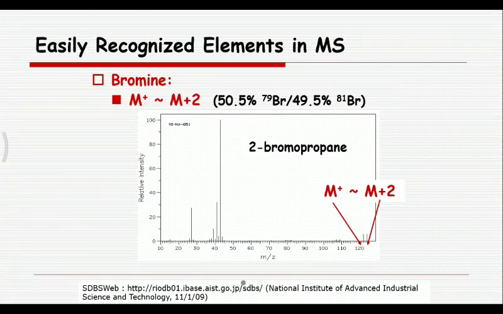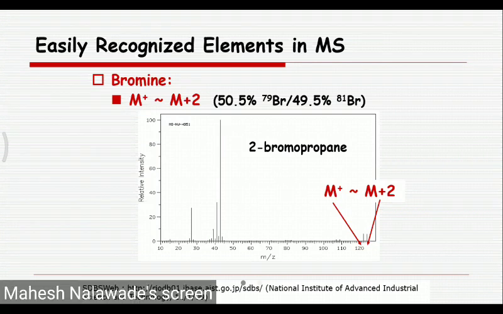So if we observe two peaks, the molecular ion peak and the M+2 peak, of nearly the same height in the mass spectrum, we can say there is bromine in the molecule. In the mass spectra of 2-bromopropane, you can see the M plus peak is observed at 122, and then there is another peak at 124.